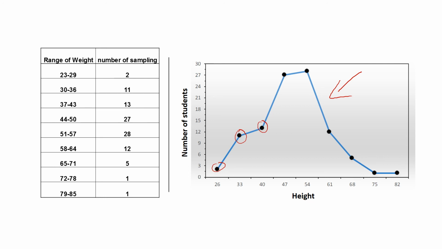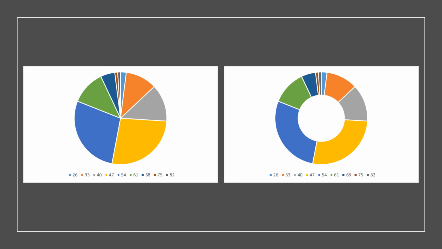You draw all the midpoints first, and then you connect them with a straight line from one point to another. The heights of the points represent the frequencies. As I mentioned before, the midpoint is calculated by adding the upper and lower boundaries of the bin and dividing the sum by 2. So this is the frequency polygon.